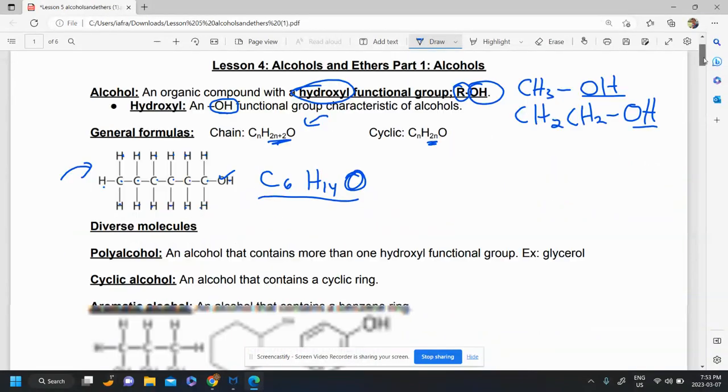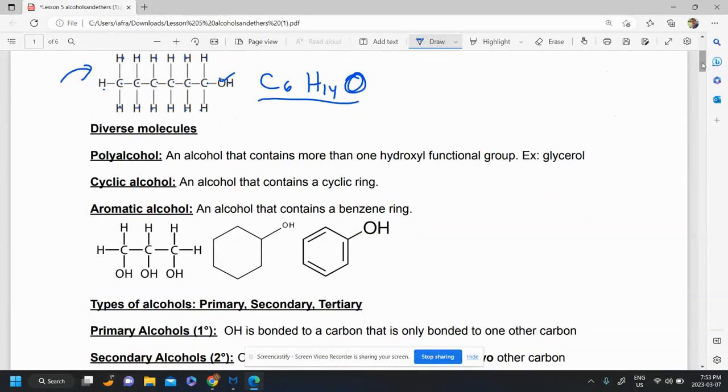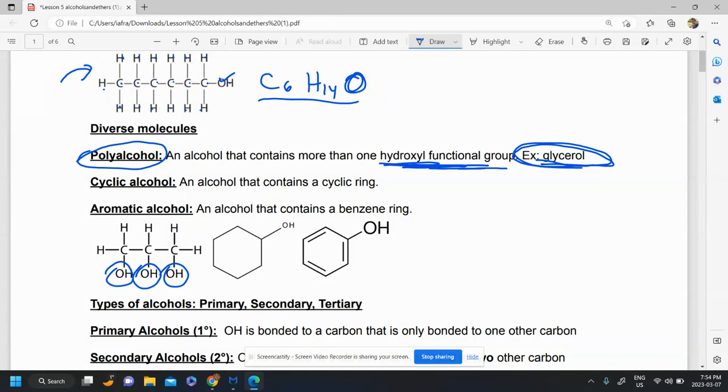Alcohols are very diverse molecules. There's many types that exist. You can have what's called polyalcohols, which is essentially just an alcohol that contains many hydroxyl functional groups. So you can see it over here. This is a polyalcohol called glycerol. And you might be familiar with glycerol if you took some biology and studied triglycerides or fats. Then you can also have cyclic alcohols.